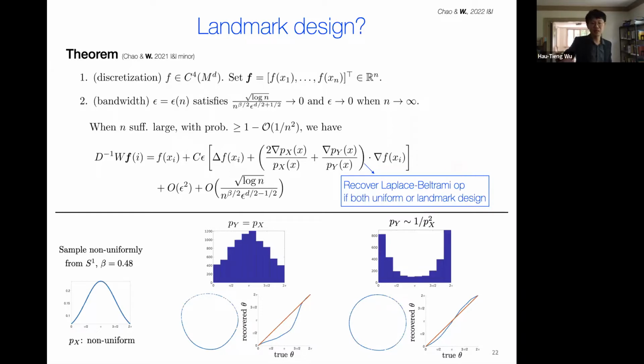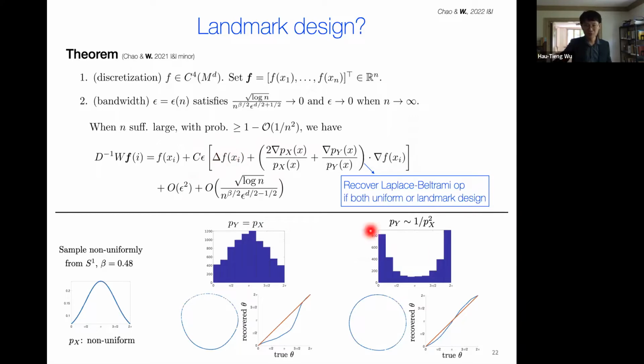Because if you do some pointwise expansion, you will get the Laplace-Beltrami operator and some first order term, which depends on 2 nabla log px plus nabla log py. So in the end, if you choose py to be proportional to 1 over px squared, then this term will become 0, and you recover the Laplace-Beltrami operator.